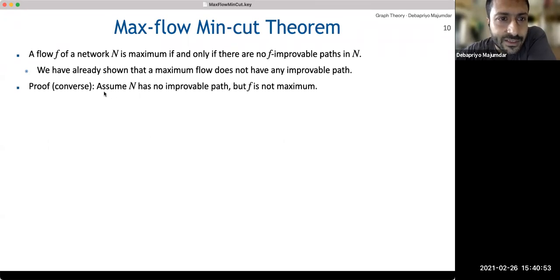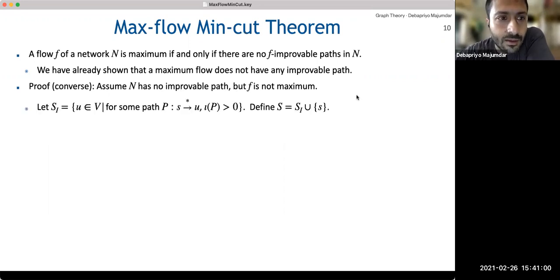So the converse is, assume that N has no improvable path, but F is not maximum. Now let again Si, I realize that this notation is a bit difficult, but I believe if you look at it carefully, Si is the set of all vertices. I know there are a lot of new concepts and new definitions and new terms.